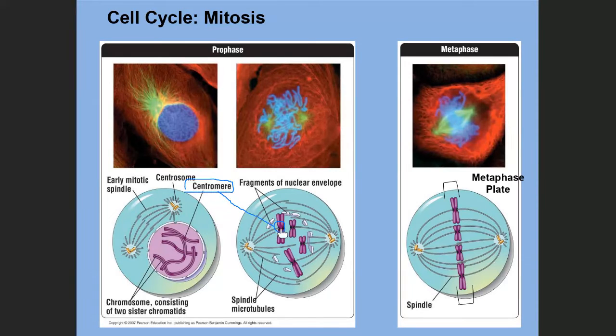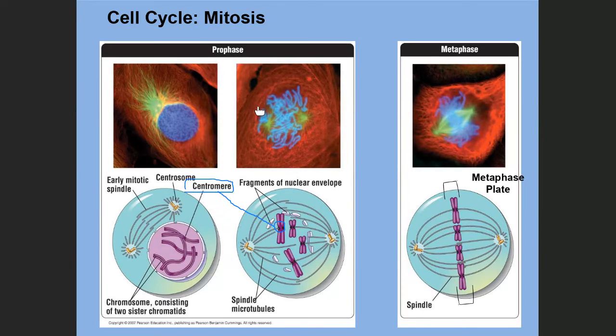So where these little black dots are on the sister chromatids, those represent a region of the sister chromatids, and you even see them on chromosomes called centromeres. Okay, it's made up of protein in that area, and it's at the centromeres that these sister chromatids will attach to this ever-growing mitotic spindle. And notice the centrioles by this time have migrated to opposite ends of the cell.